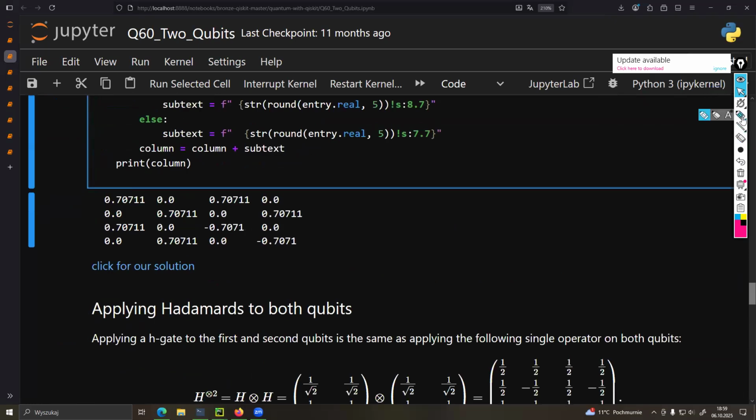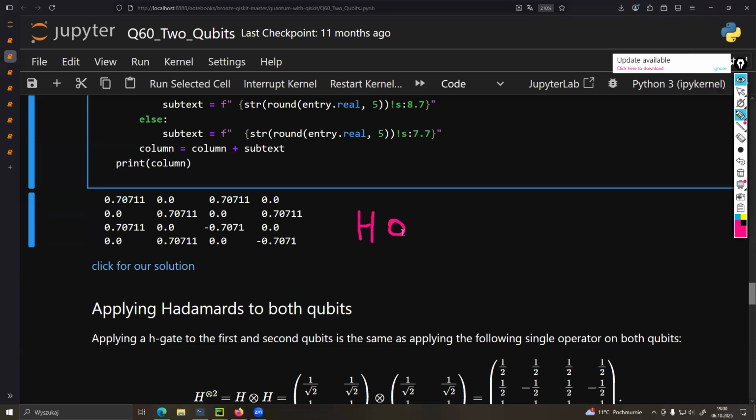But here we have something different because only on the diagonal we see that there is an H tensor I, right? Oh, I'm sorry. Yes, actually, yes.